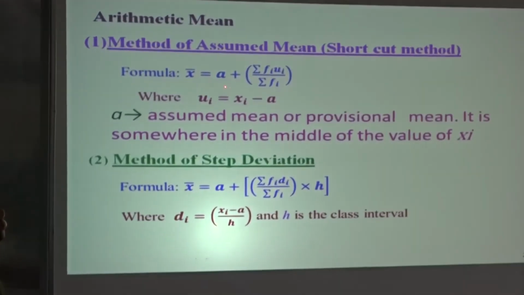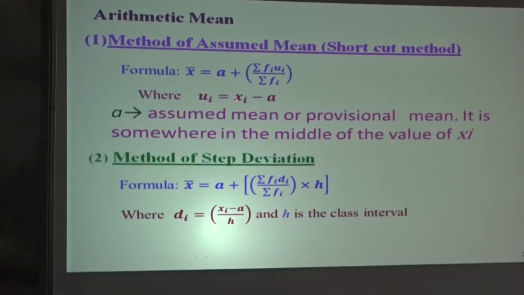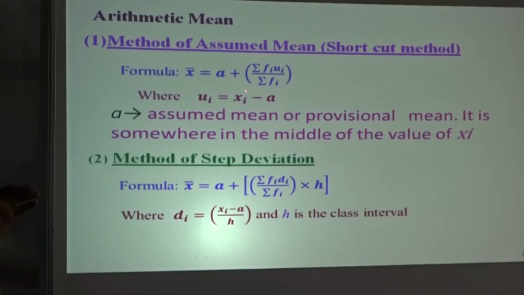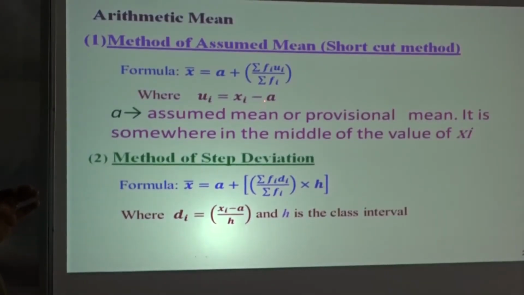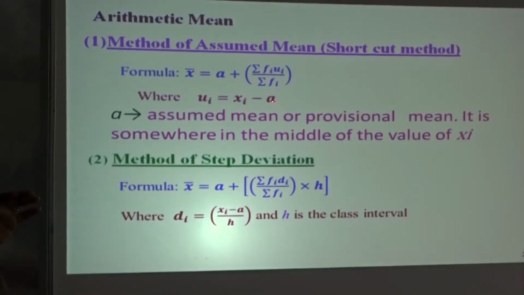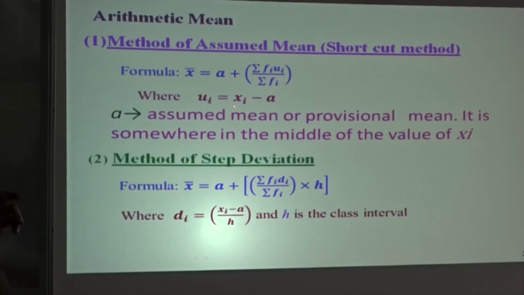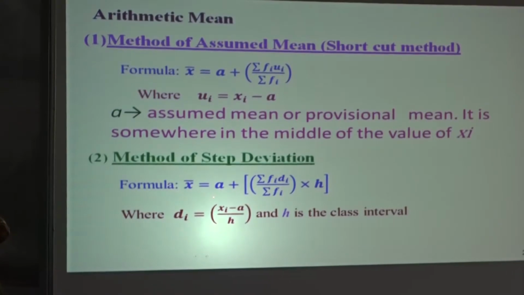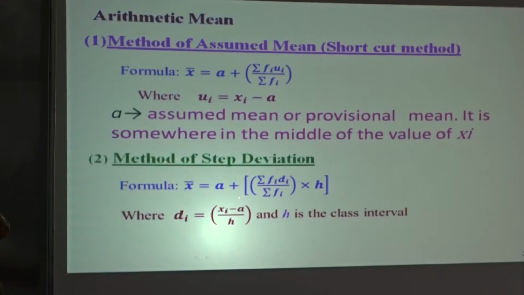Compare the assumed mean formula and the step deviation formula. In the assumed mean method, we are only taking deviation. Keep in mind, deviation is nothing but difference. We take the difference from the assumed mean to each corresponding value of xi. In step deviation, we do not consider only the deviation; we also divide by the class interval, or multiply by its reciprocal.